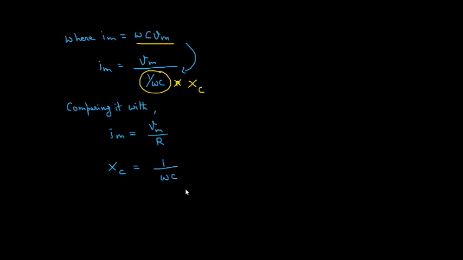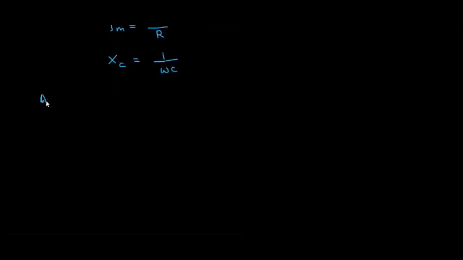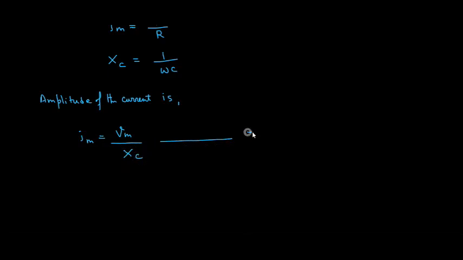So the amplitude of the current is, therefore, Im is equal to Vm upon Xc. That is equation number 7.18.